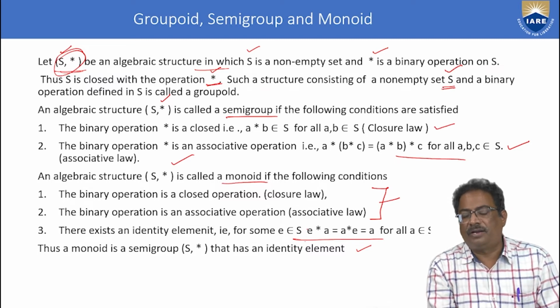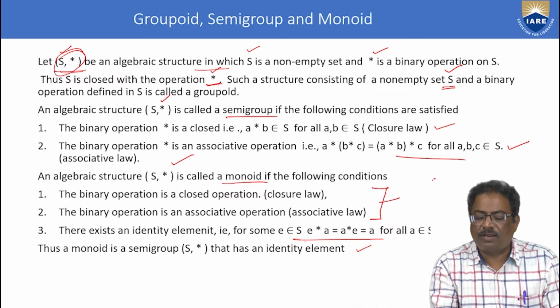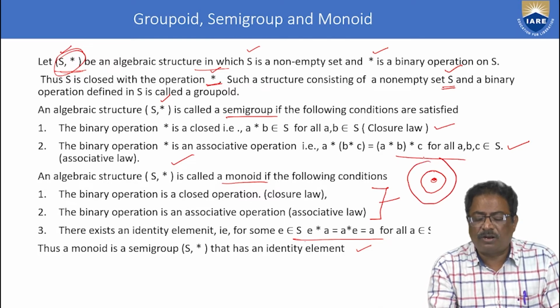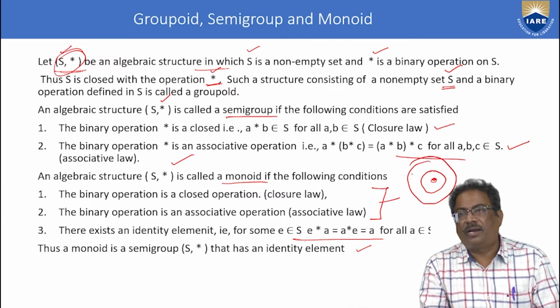See here, first the binary operation we consider, then after that the semigroup, then after that the monoid.